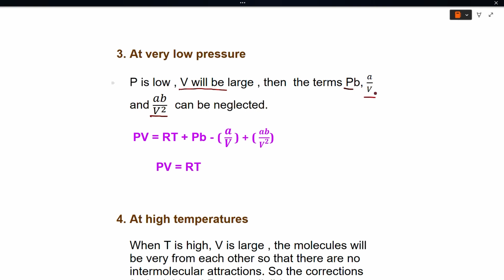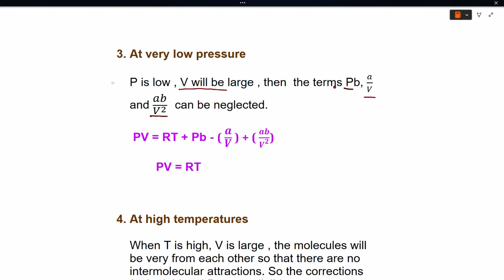When V comes in the denominator, that becomes a very small value. So, those two can be neglected. When V is very large, B also we can consider to be negligible, and therefore, all these are neglected. And finally, we get PV is equal to RT, and this is the condition when real gases tend to be ideal.